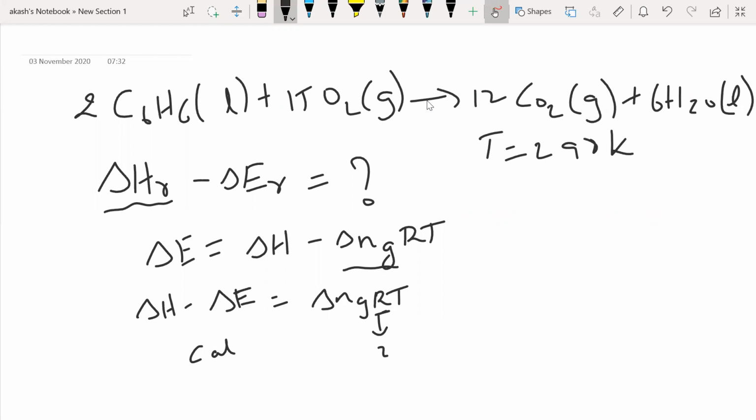Okay, go for it. So this is what they're asking: the difference between enthalpy and internal energy is directly equal to delta NG RT, and use the R value as 2 because I want the answer in terms of calories, and the temperature is given to be 298 Kelvin.